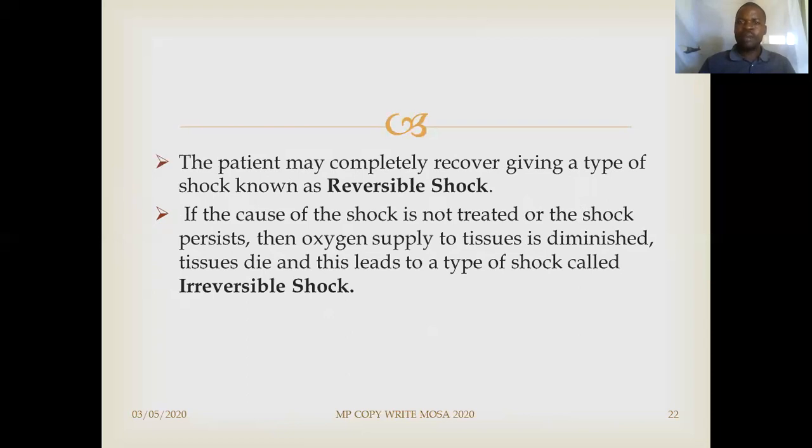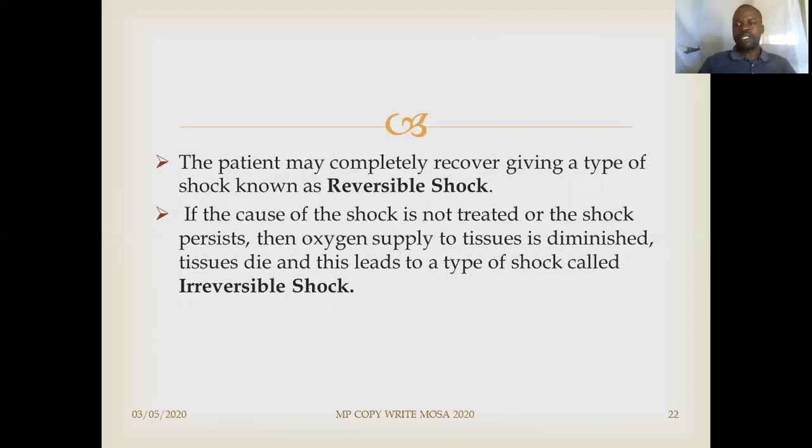Hence, the shock can be reversed, or it can be treated. If the cause of shock is not treated or the shock persists, then oxygen supply to tissues diminishes, tissues die, and this leads to a type of shock called irreversible shock.